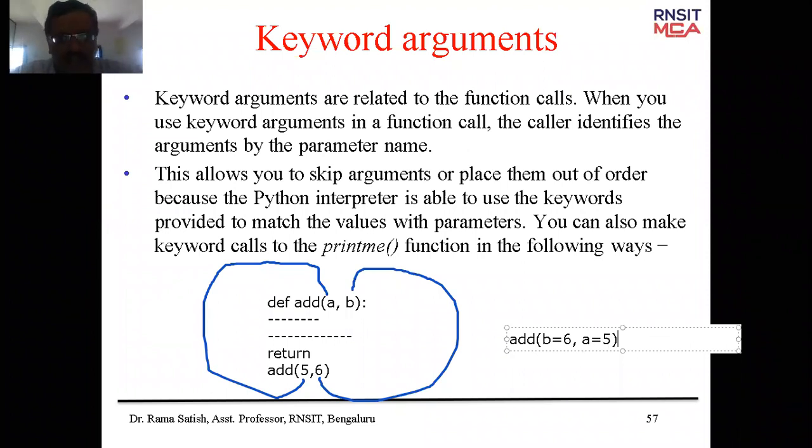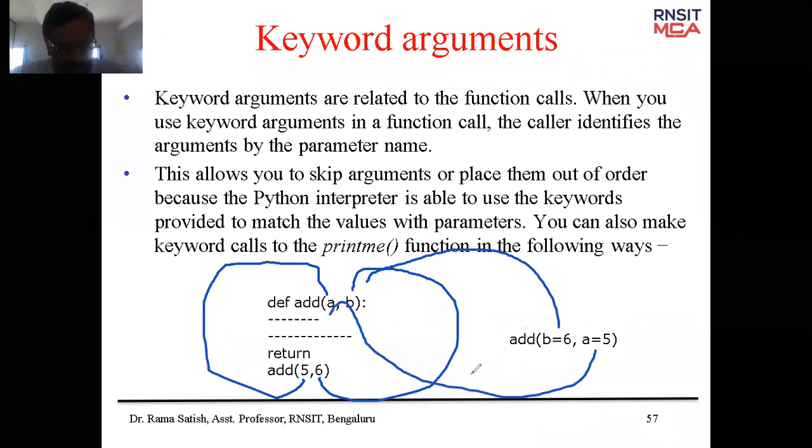Even though the order changes, B gets 6 and A gets 5. This is a feature which you call keyword argument.